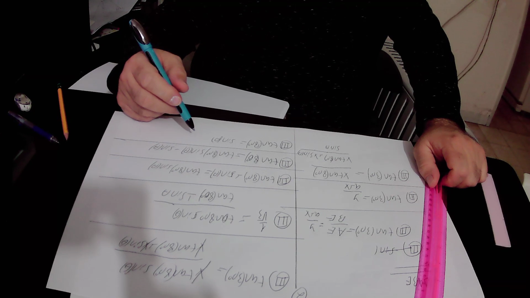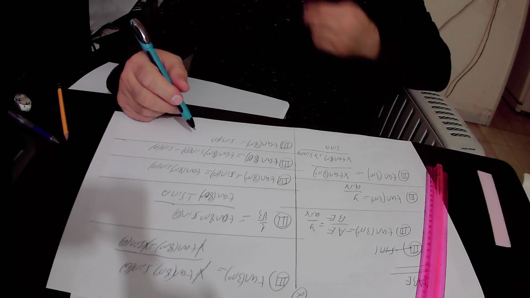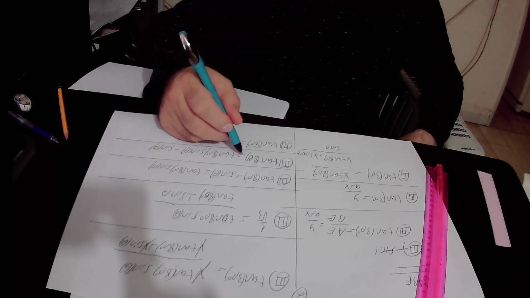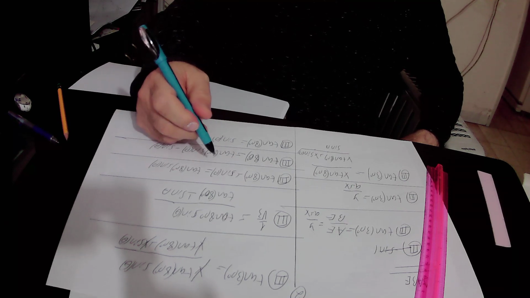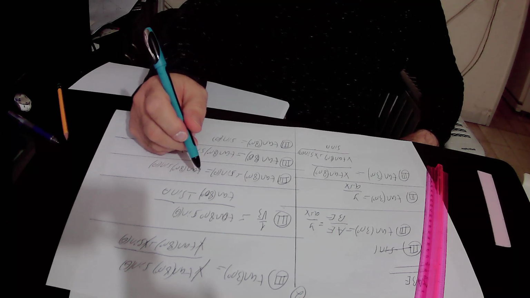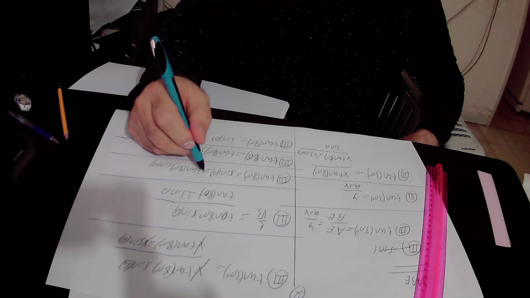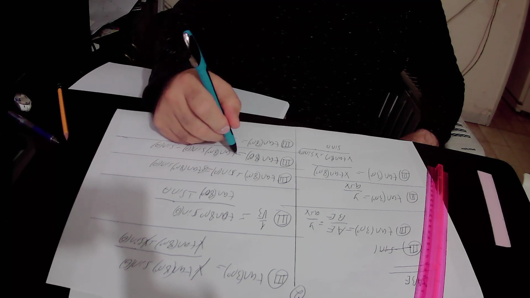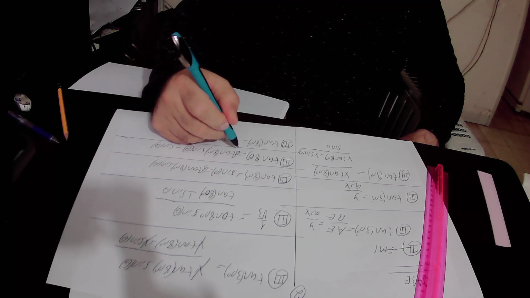Here we also have square root of 3, of course, because we cross multiplied.